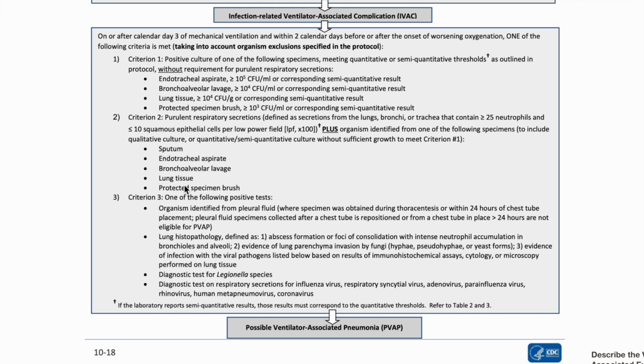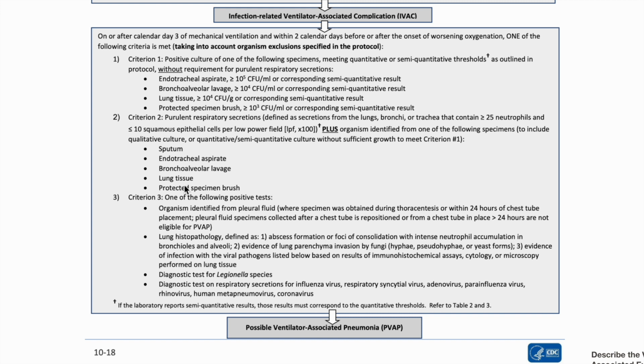Criteria 2, purulent respiratory secretions plus organism identified from one of the following specimens: sputum, endotracheal aspirate, bronchoalveolar lavage, lung tissue, or protected specimen brush.